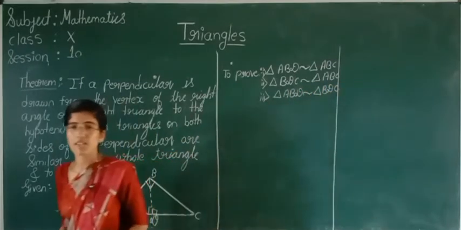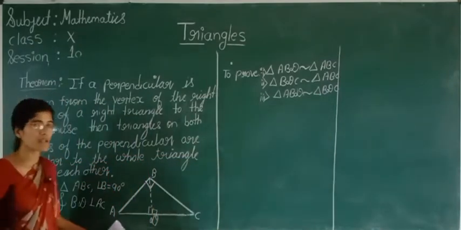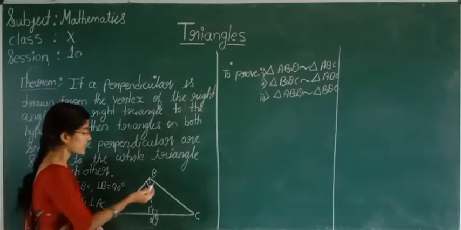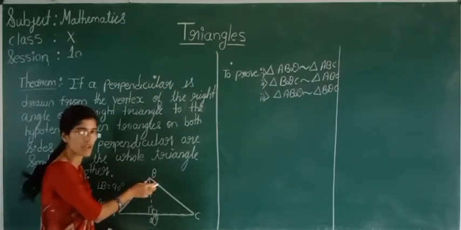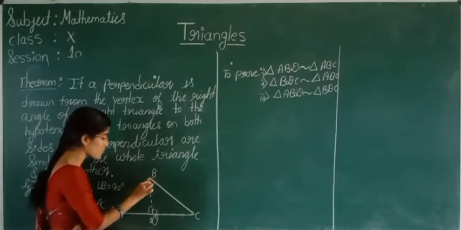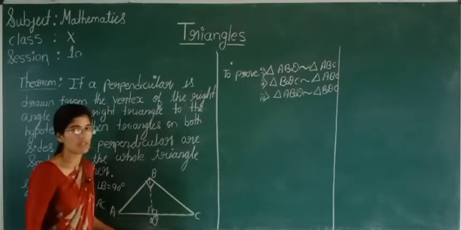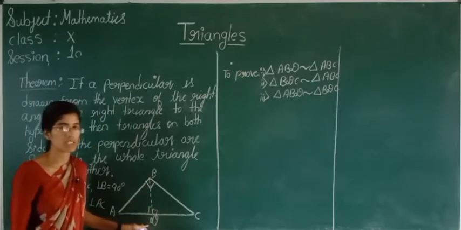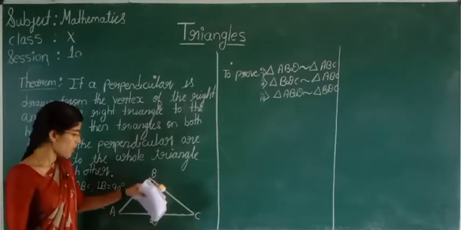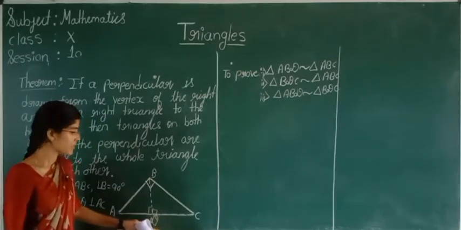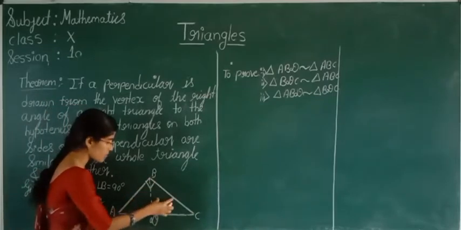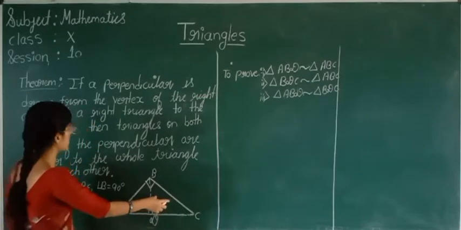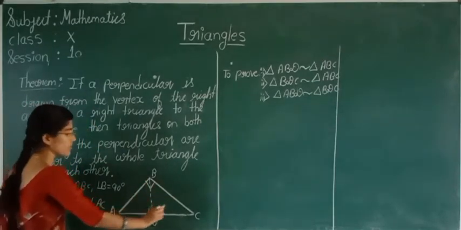Say once more, I will repeat. What this theorem is telling is we have to take one right angle triangle, here angle B is 90 degrees. From there we have to draw one perpendicular to the hypotenuse. If we draw a perpendicular, the triangles on both sides of this perpendicular are similar to the whole triangle.